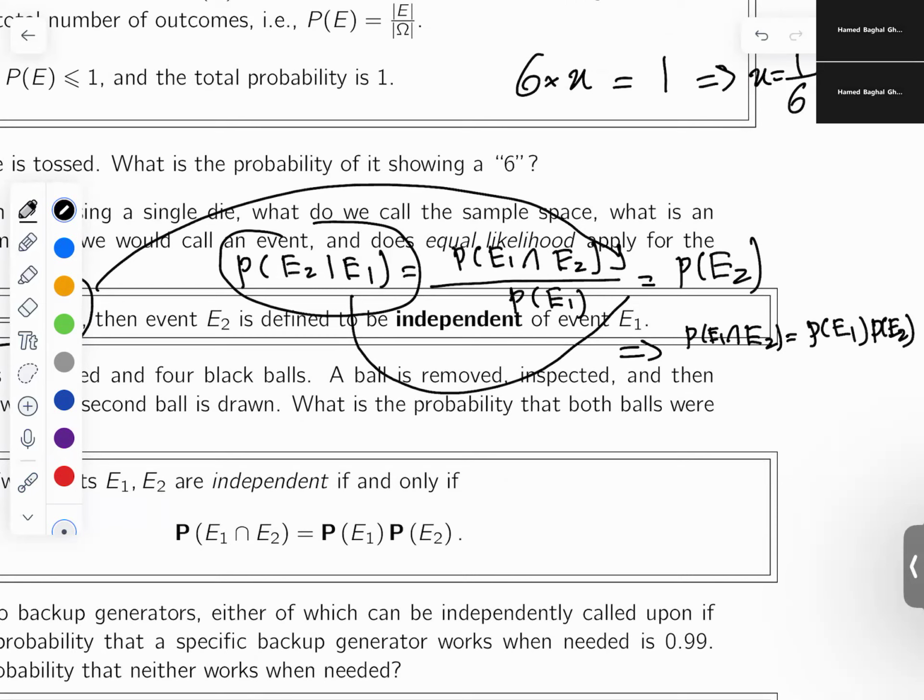To be honest, this is another equivalent definition of two events being independent from each other in some textbooks, rather than doing this one first.